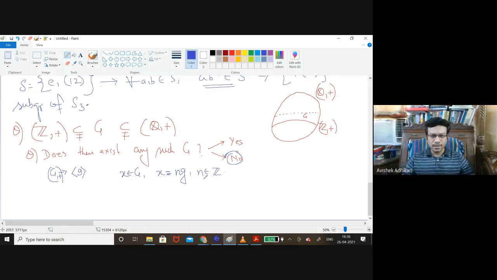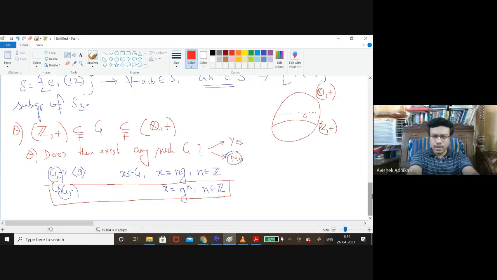Is it correct? If G was a multiplicative group, then x would be g to the power n for some n in Z. Here we are talking about the additive group.